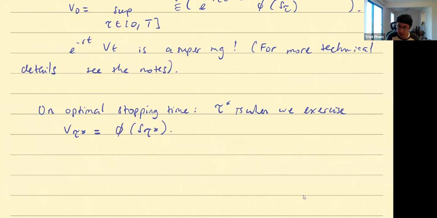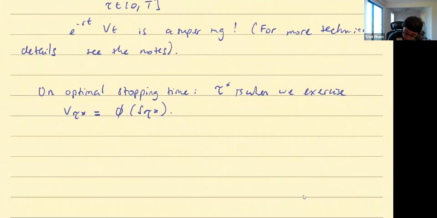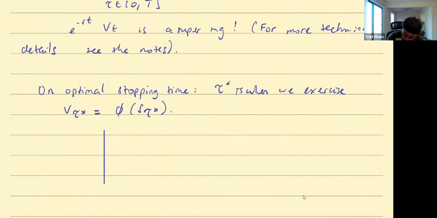Okay. So let's just contemplate this a little bit. So here's 0. Here's T. Let's say tau star is somewhere in between. Doesn't have to be, but let's just suppose that's the case for this particular instance.